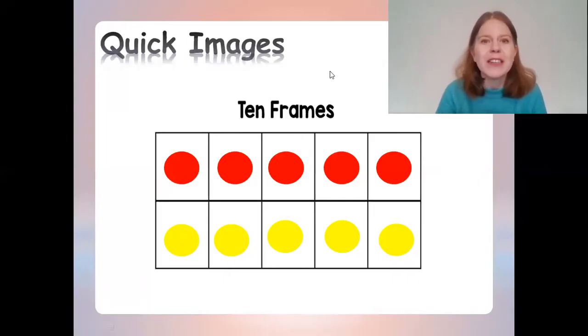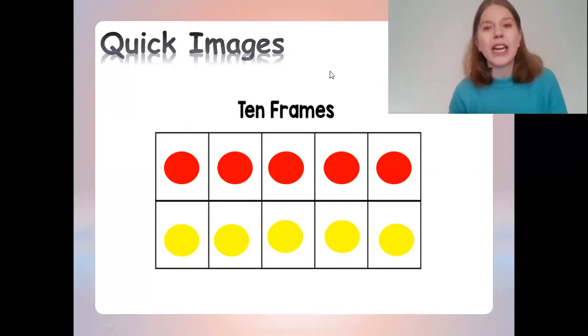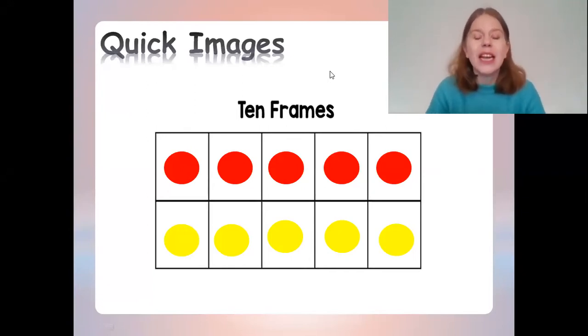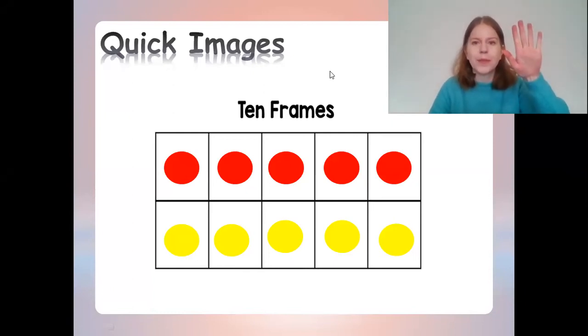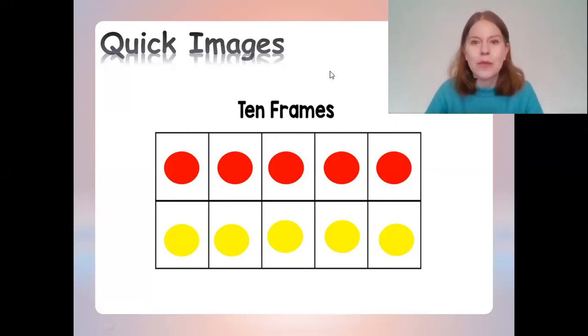Okay, we're now ready to play our game Quick Images. We know the number we're looking at is the number 10. And I wonder, can you describe, how can you see the number 10 on my tens frame? How many are on the top and how many are on the bottom? I can see 5 add 5 equals 10.